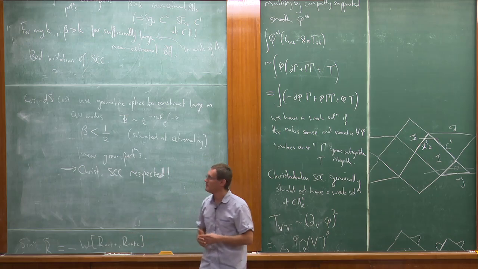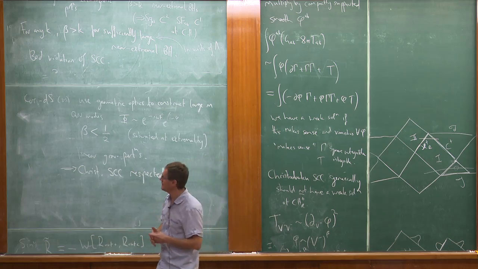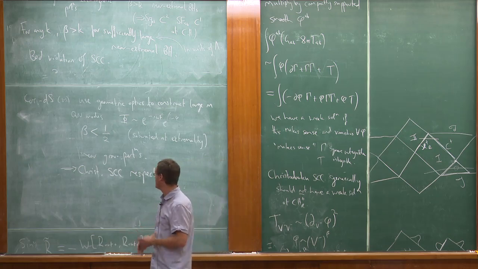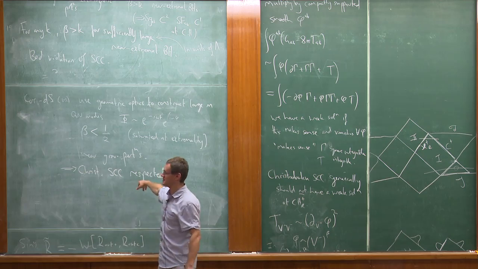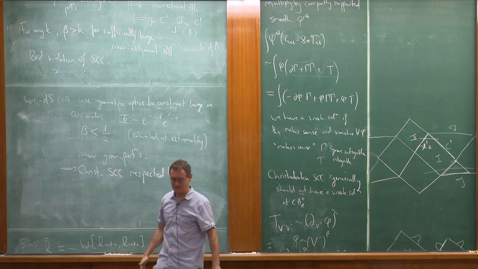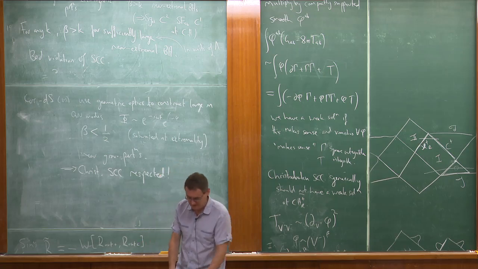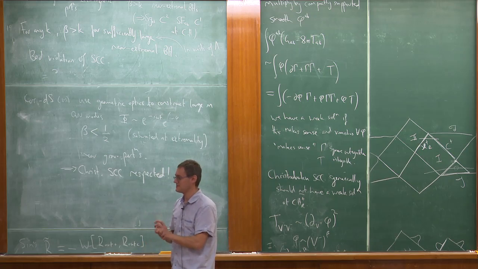But isn't this in contradiction to what you're saying here? No, I'm saying that strong cosmic censorship is respected for Kerr de Sitter, and they're saying strong cosmic censorship is respected for Kerr. But not in the strong form, right? For Kerr it hasn't been proved, but it is expected that it will hold.